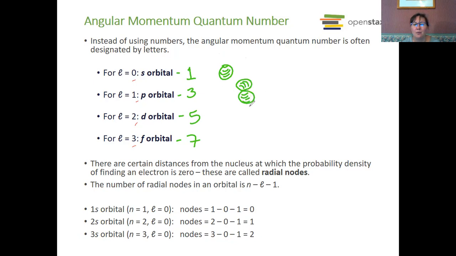The d orbital actually looks a little bit like this 3-dimensional clover leaf. And an f orbital, so you can see how we went from 1 to 2 to 4. So if you said, oh, the f orbitals must have 8 lobes, you'd be correct.